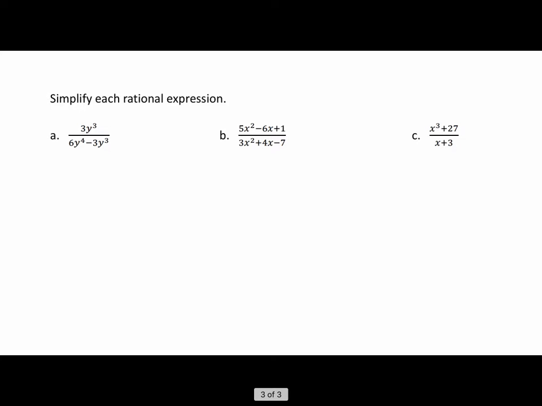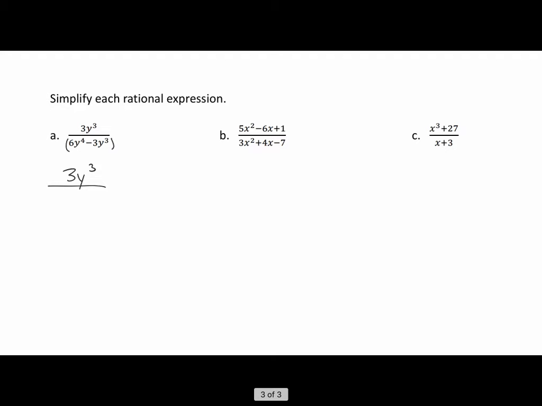Example A, we've got a monomial over a binomial here. So if you have a monomial, a single term, you can't really factor that according to the factoring flowchart, right? So that stays the same. But the denominator has 2 terms. So the first thing I'm going to do is lock them up into parentheses.